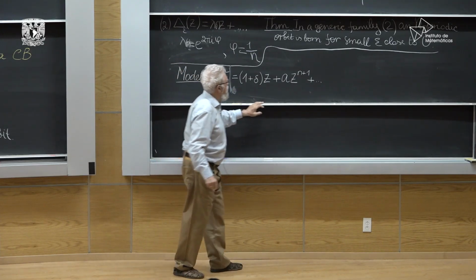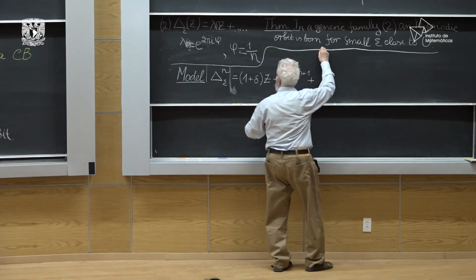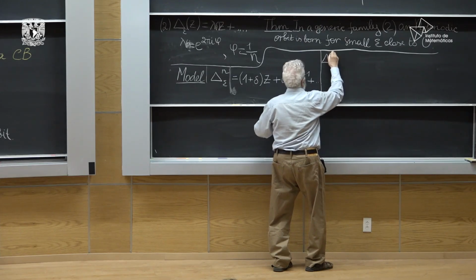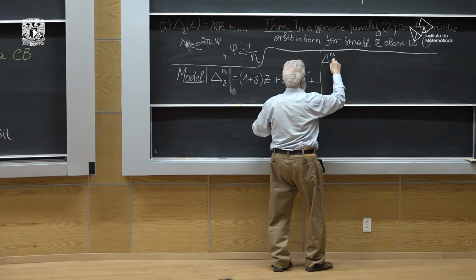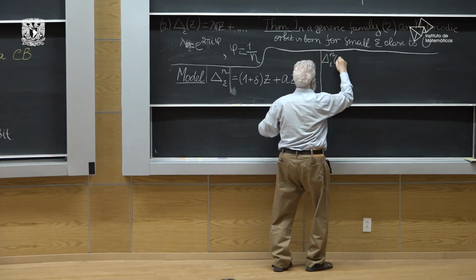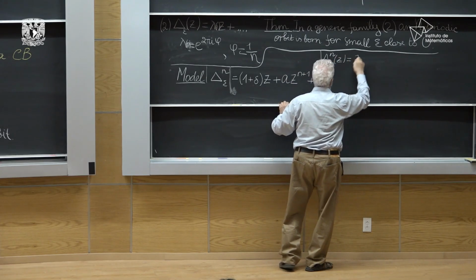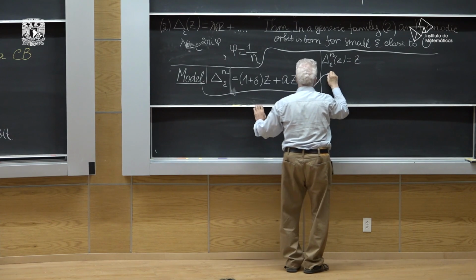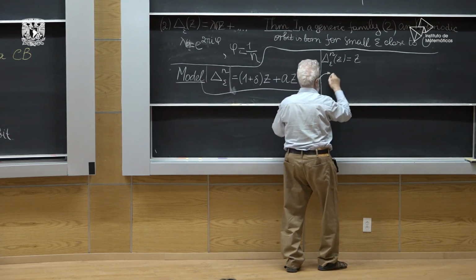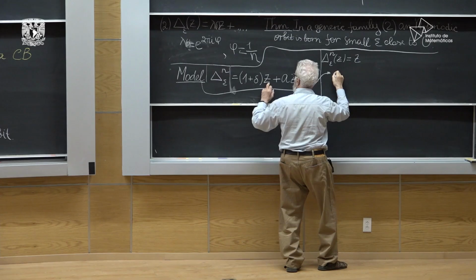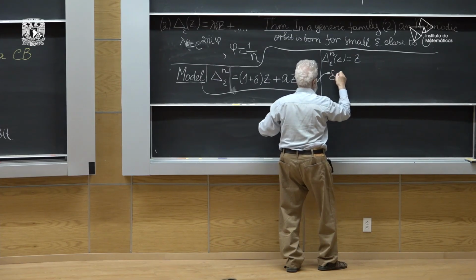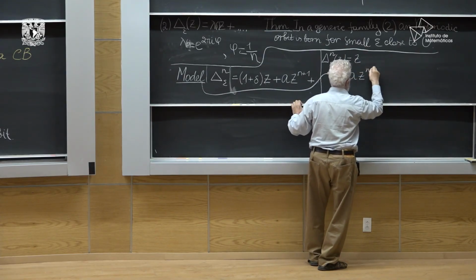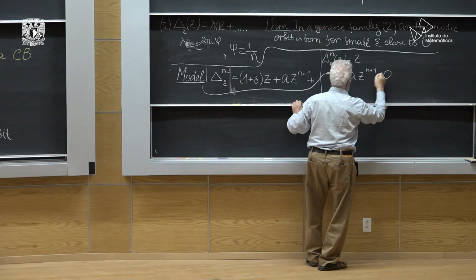And we are solving the equation delta epsilon iterated n times of z equals z. The model is that we skip the higher order terms and z is cancelled, so we have delta z plus a z to the n plus 1 equals 0.